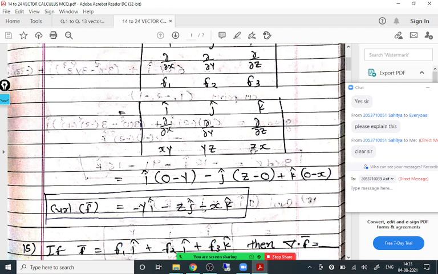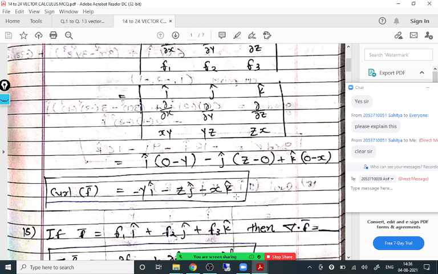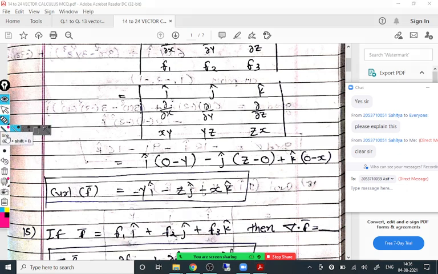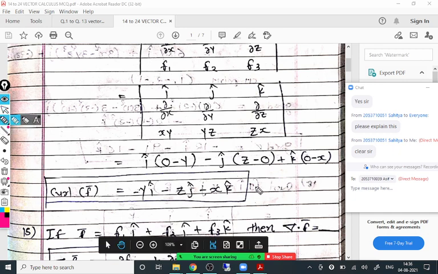Directly you can put F1, F2, F3 here, and take i cap times the derivative with y, the derivative with z, that is written y. I think it is correct. It is just a formula-oriented question. If anyone has a doubt here also, you can ask. The correct answer is there. Any doubt?